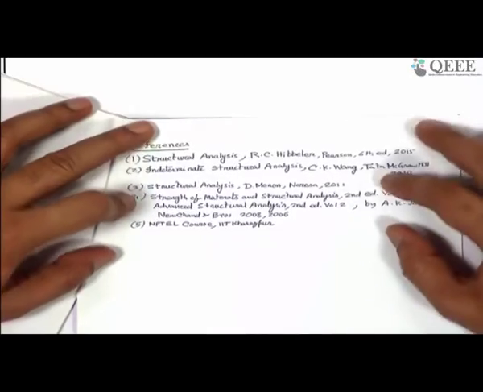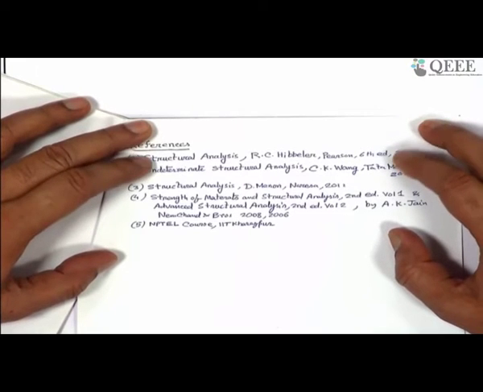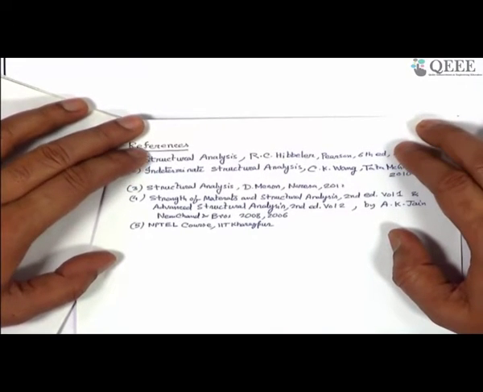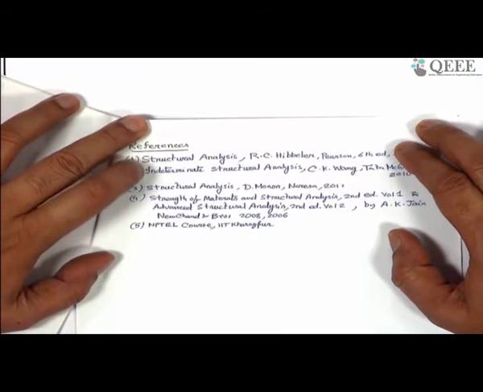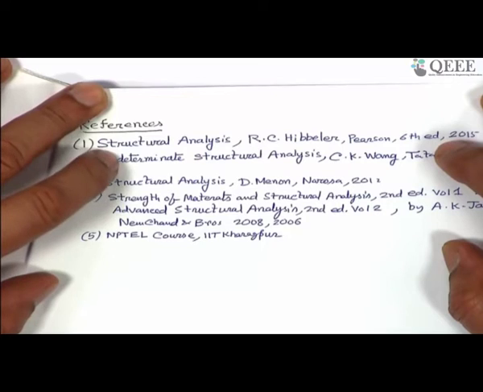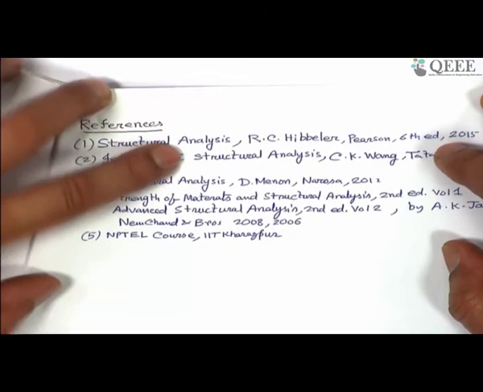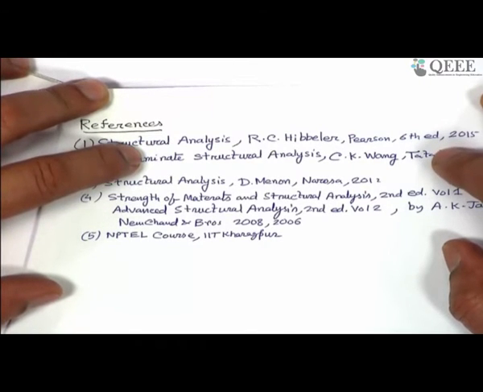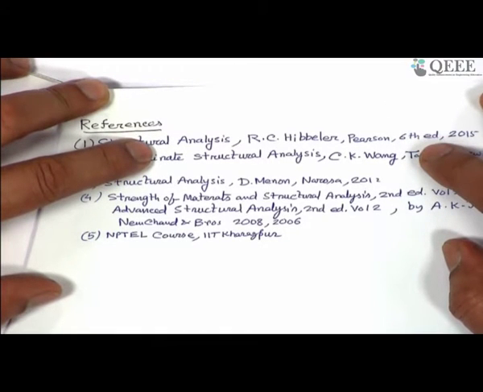Professor Menon also. I have found that Hibbeler's book we always refer to and make a textbook in the IIT because of its conciseness. Intermediate structural analysis by C.K. Wang gives some details about the truss.